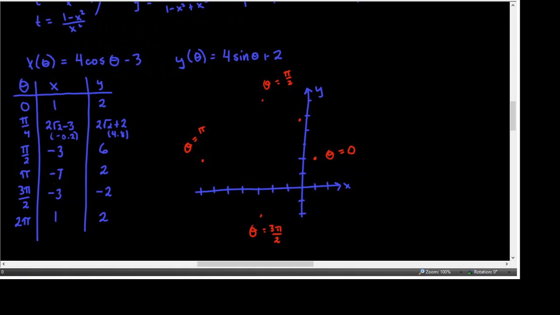So if you need to, go and find more points and plot them. But I'm going to go ahead, because I know what this is supposed to be, and I'm going to draw a curve that passes through those points nicely. Anybody have a guess as to what that curve is? Well, we'll confirm your guesses here in a minute.